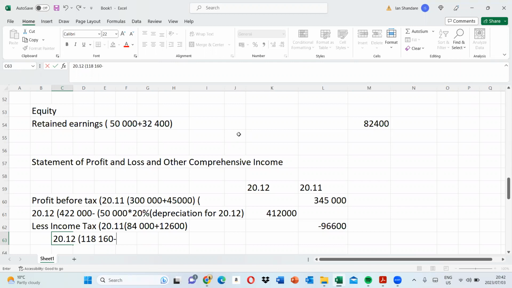It is going to be 50,000 times 20% times 20%, which was never accounted for.